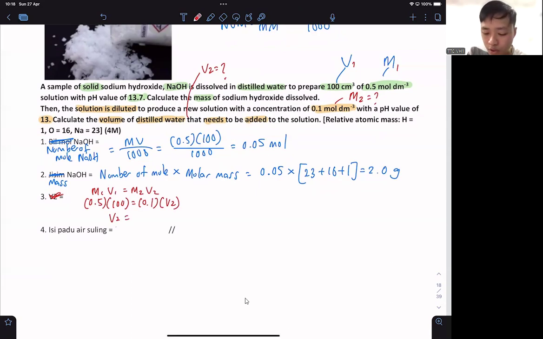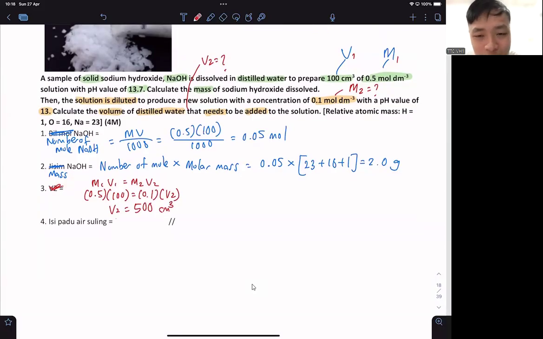So you just multiply these and divide by 0.1. How much is the answer? Yes, 500 cm³.